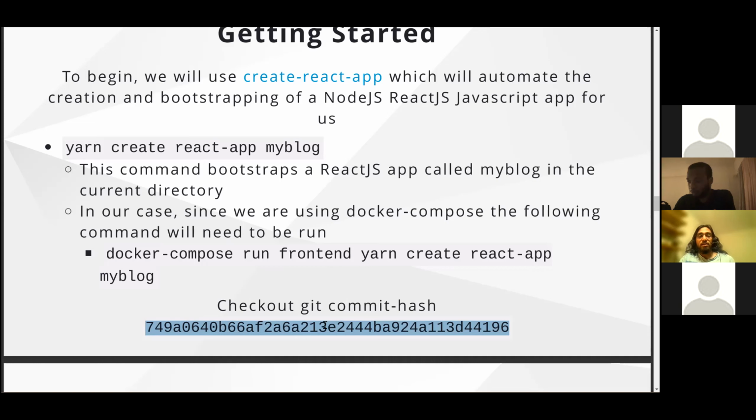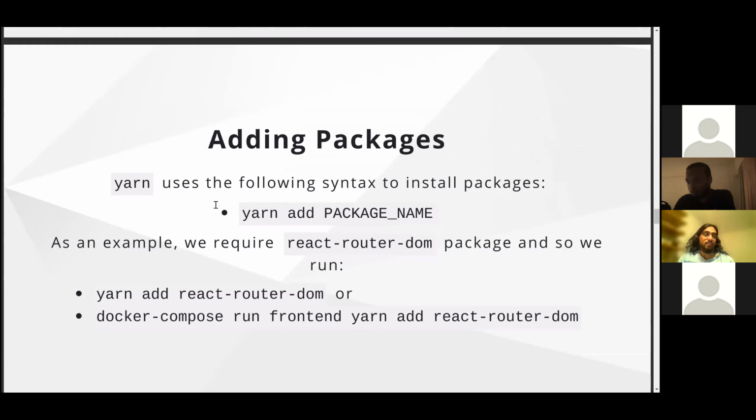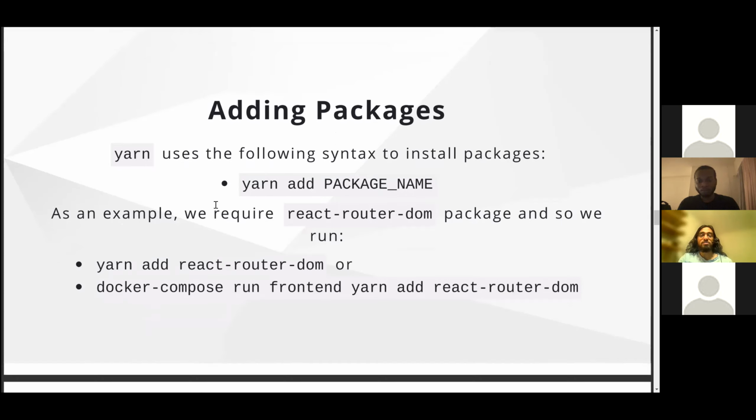Cool. So the next thing we need to do is learn how to use some packages. We have this concept of packages, which is almost the Node or JavaScript word for libraries. When we want to add code to our project, we need to add a package. Because we're using yarn as our package manager, the command is simply yarn add.